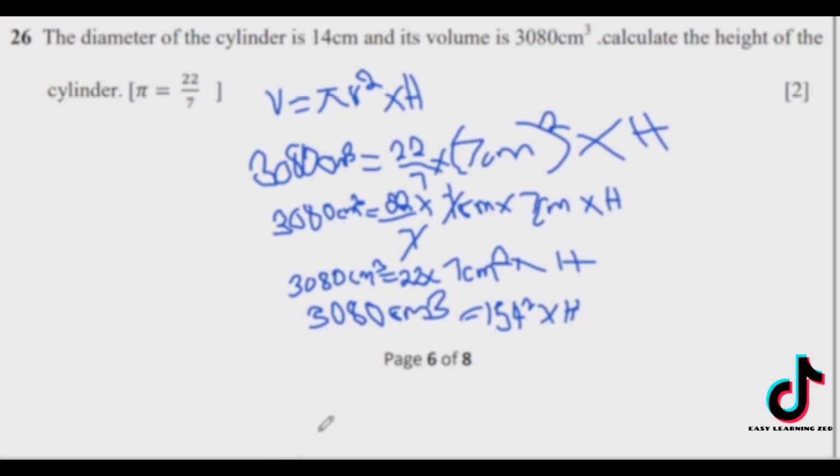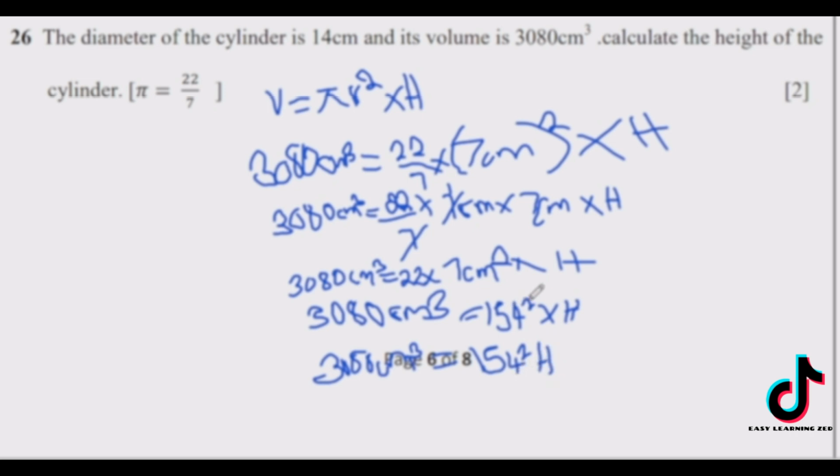Then once we've done that, 3080 cubic centimeters is equal to, when we multiply this, 154 squared h.